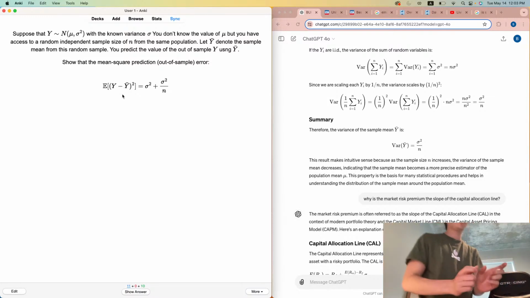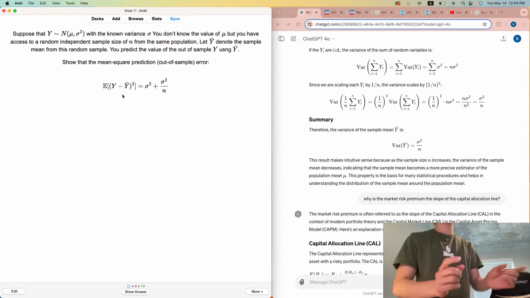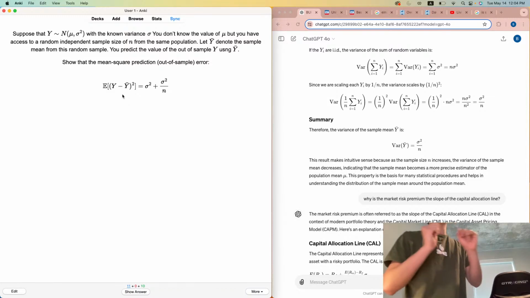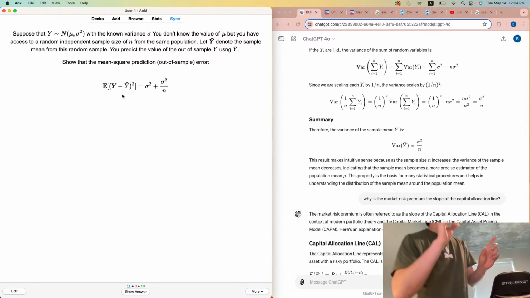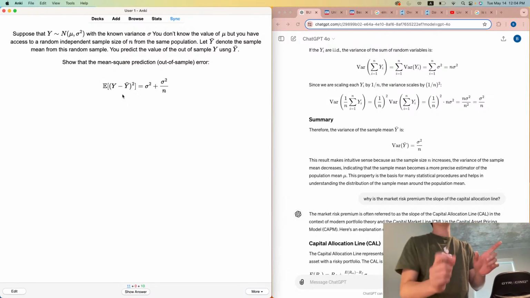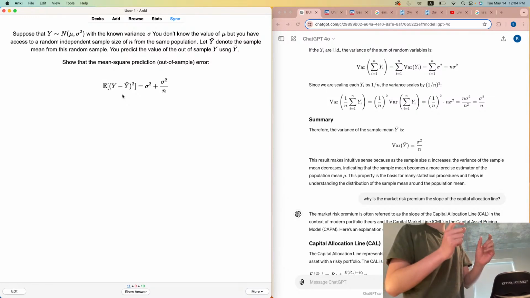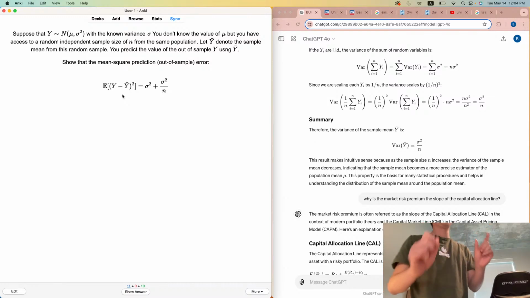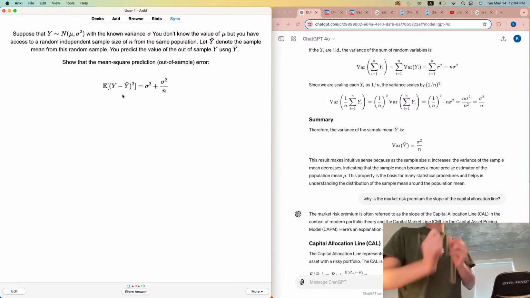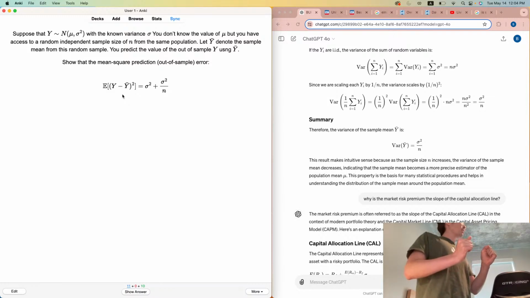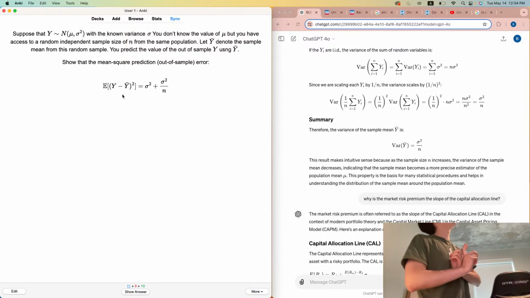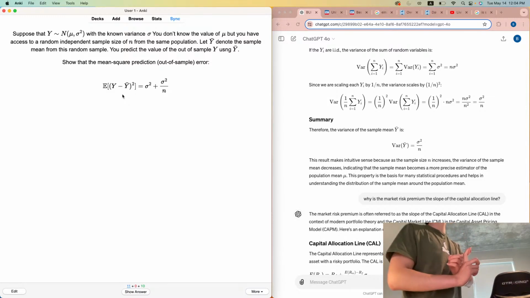So we take y minus mu squared, minus 2 times y minus mu times y bar minus mu, which is 2 times the covariance, and then we add y bar minus mu squared.